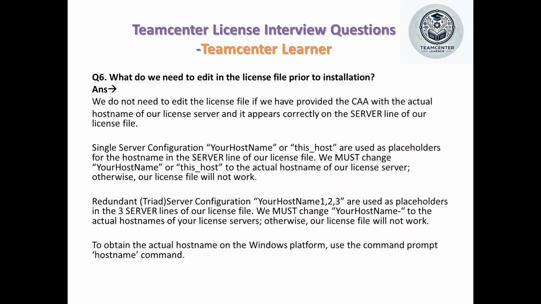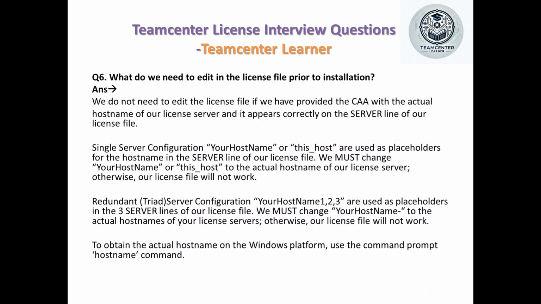Another way is a redundant triad server. We'll see what exactly a redundant triad server is. A redundant triad server involves two or more servers configured identically to maintain high availability. It means if the primary server fails, a redundant or backup server takes over immediately, so there is no shutdown or disruption in our Teamcenter production environment.